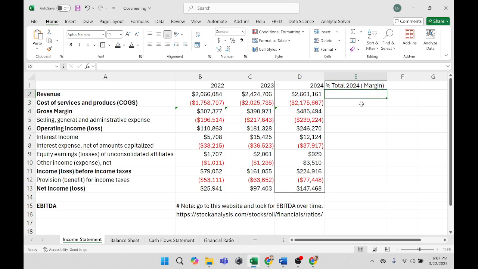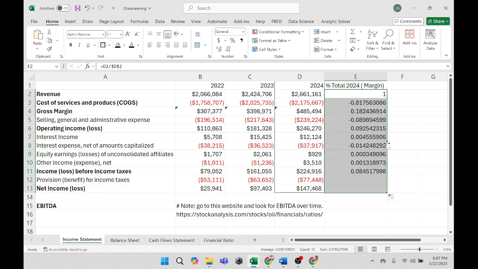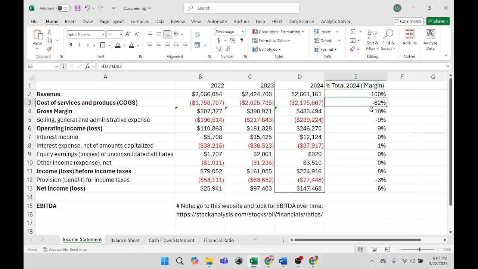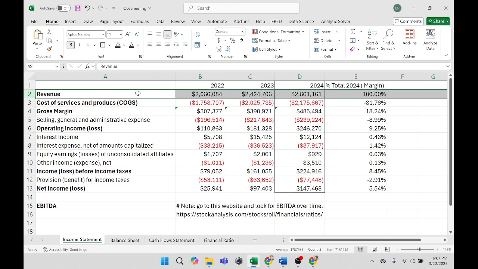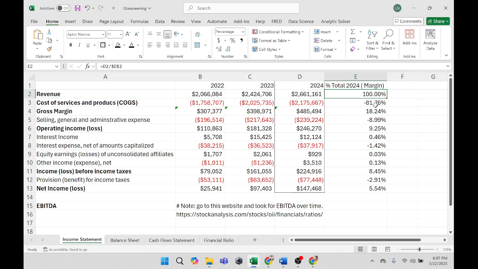I'm going to take everything and divide it by the revenue, so I put F4 on the D2 here, just so it's fixed, drag it down, and change it to percentage. Don't mind the negative percentage, just focus on the number itself. You can see up here the revenue is 100% because we divide it by itself.